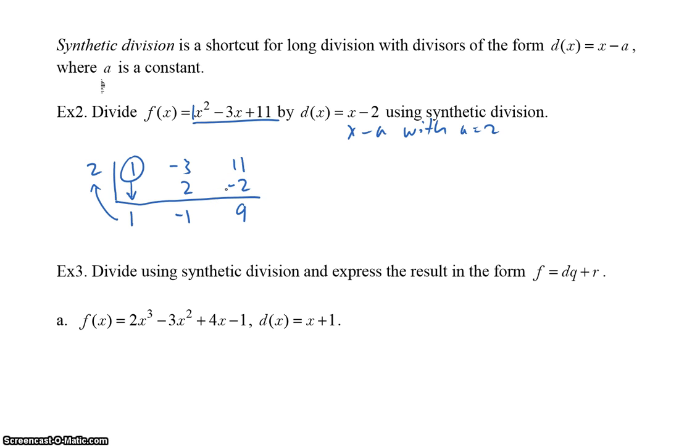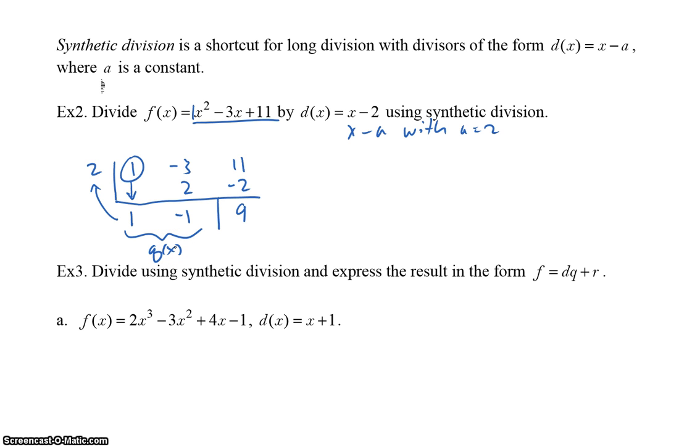When we get our final number in the bottom row, we usually partition it off like so, because there's a different interpretation for that number than for the other two numbers in the bottom row. The interpretation here is that the quotient comes from this part of the bottom row. This is q of x and the remainder comes from the last number, the 9.